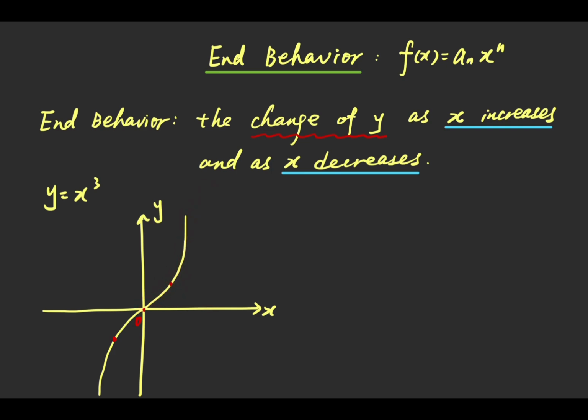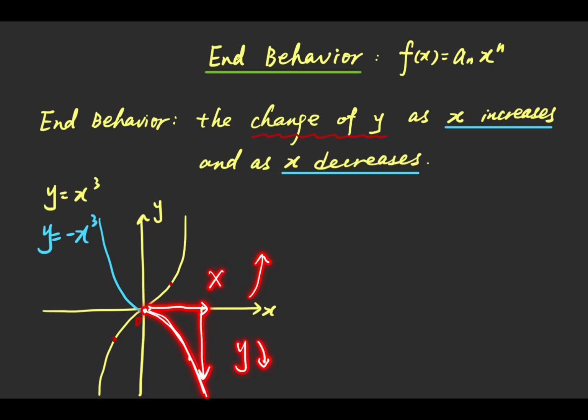Now, if this function is y equals negative x raised to 3, you can figure out its graph easily. You just need to flip the graph over the x-axis. So the graph should be like this. In this situation, for this part, x increases, y decreases.